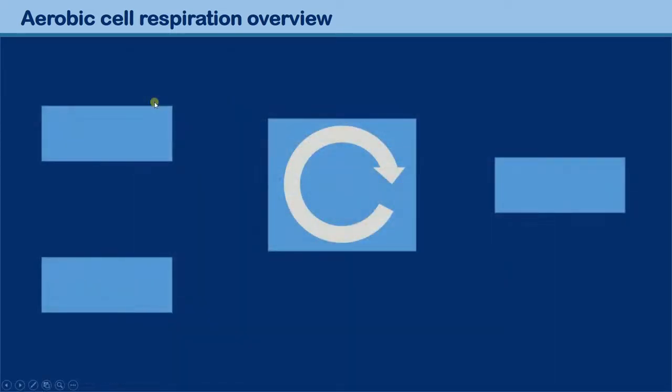So, next one. What I'm going to do now is give you yet a more simplified aerobic cell respiration overview. You can fill this in yourself. Really, I'm just going to label the boxes. That's called glycolysis. This one over here, that's the link reaction.